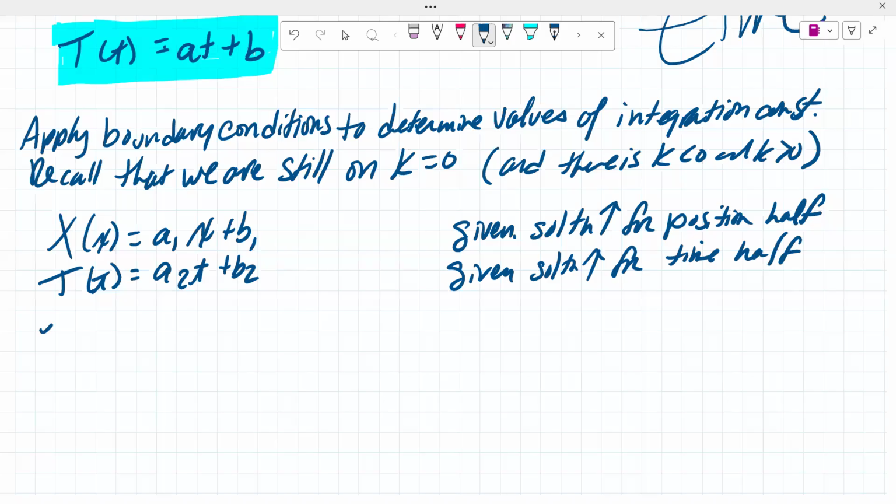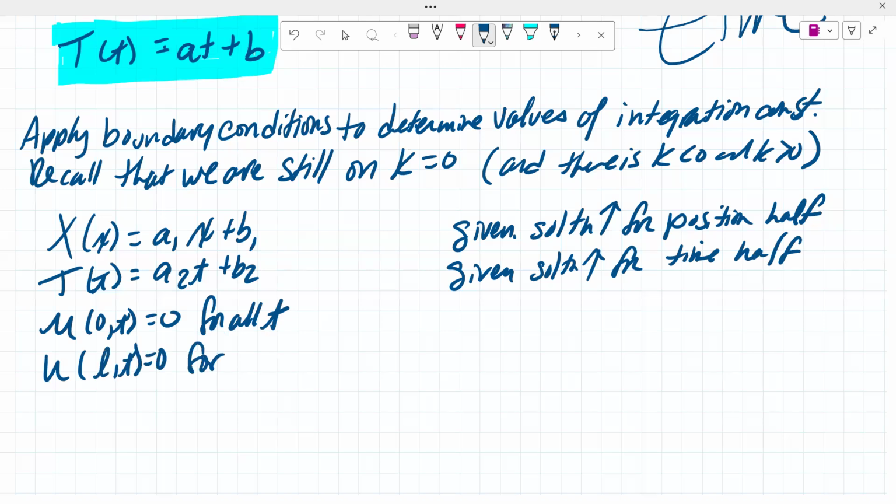And we have u of 0 and t equals 0 for all t. And we have u of L and t equals 0 for all t. These were the boundary conditions, which we discussed before.